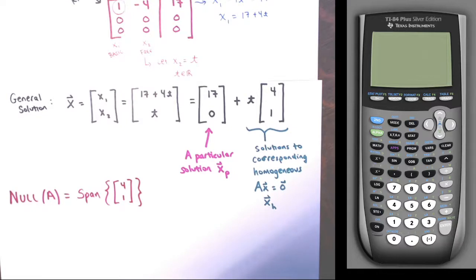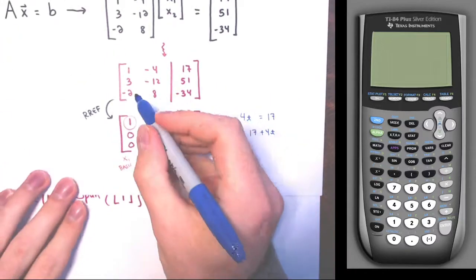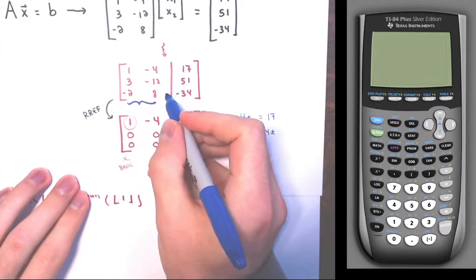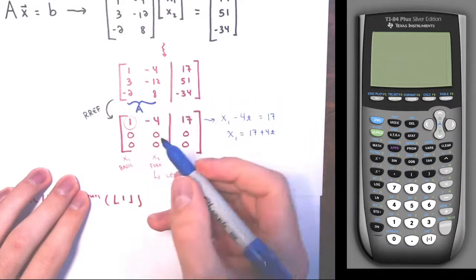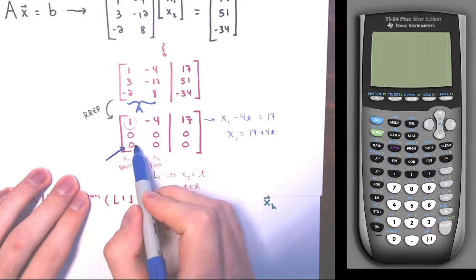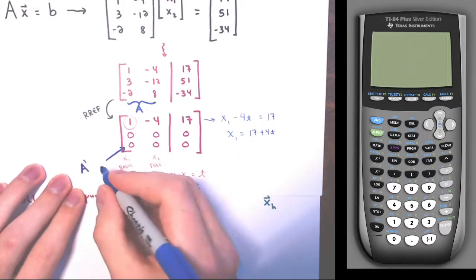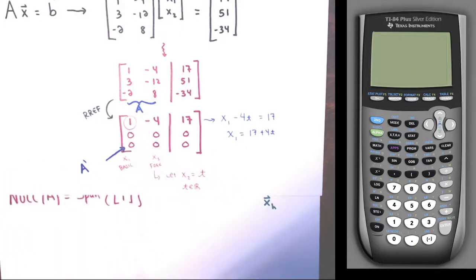And what I want to show you now too is the row space of A. The row space of A is easy, since I've already put matrix A into reduced echelon form. That was up here. Here was matrix A in the augmented matrix, and then here with the 1, -4, 0, 0, 0, 0, that's A prime, that's A in reduced echelon form.